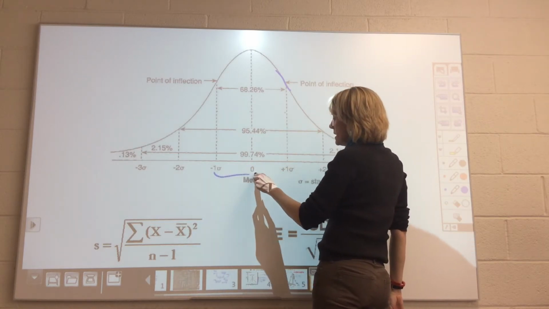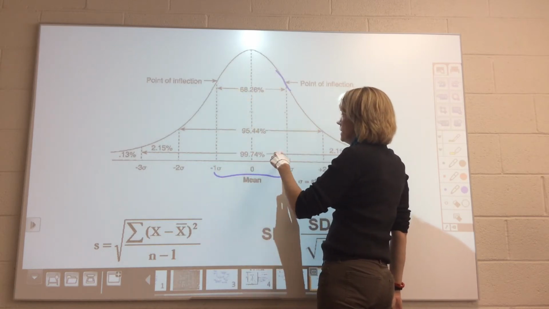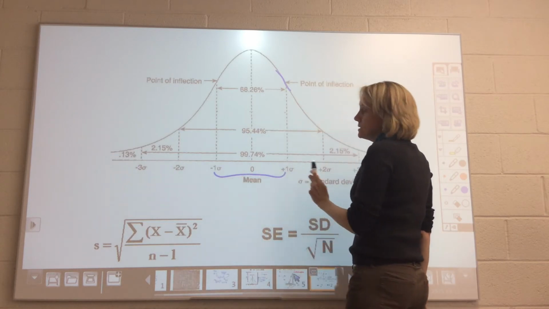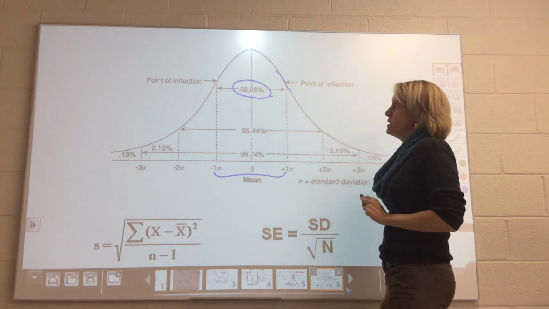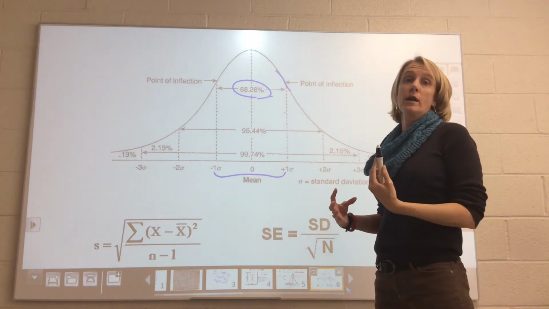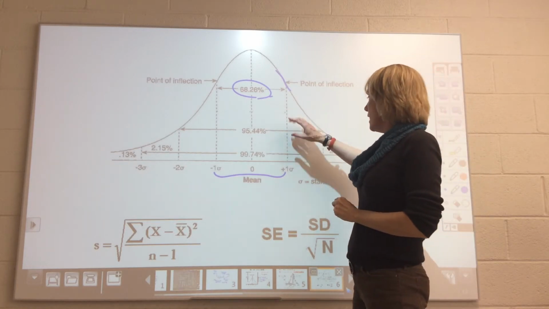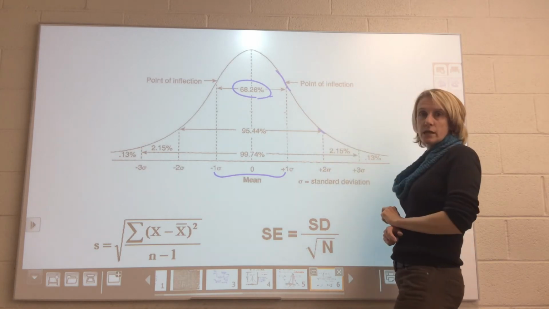So plus and minus 1 standard deviation encompasses this portion underneath the normal curve. If we are plus and minus 1 standard deviation, we're incorporating 68% of our points within 1 standard deviation. That's graphically. And then you could go out to 2 standard deviations, where you have another point of inflection.